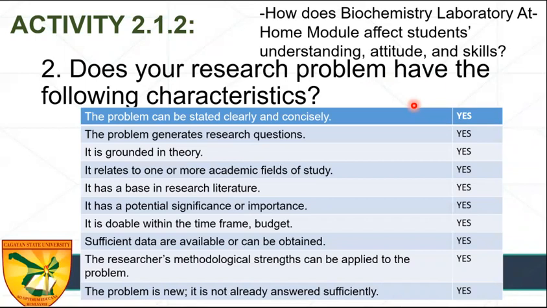So from those four research topics, for your activity 2.1.2, number one, four research problems from those research topics. And for number two, you self-check those research problems using these statements.